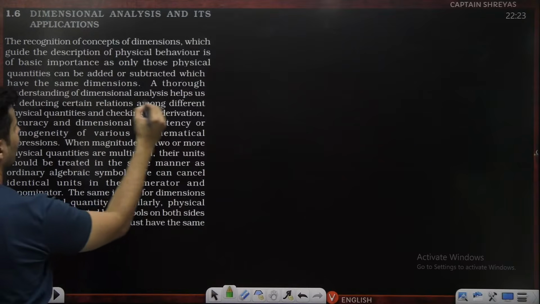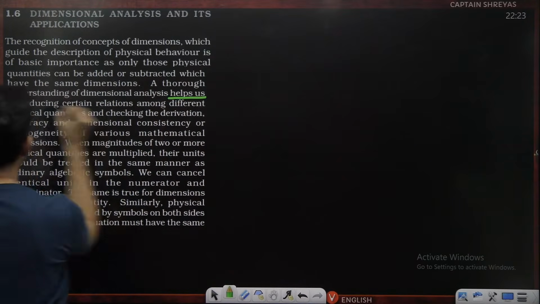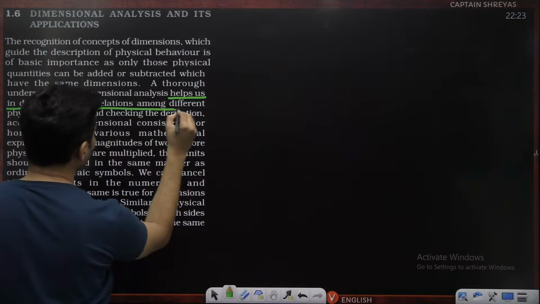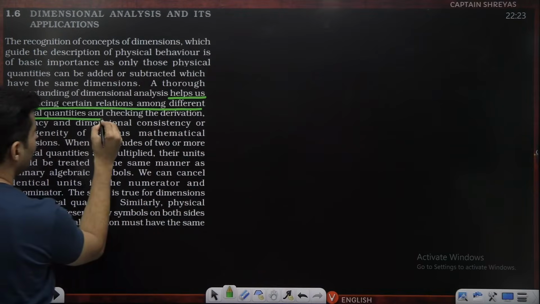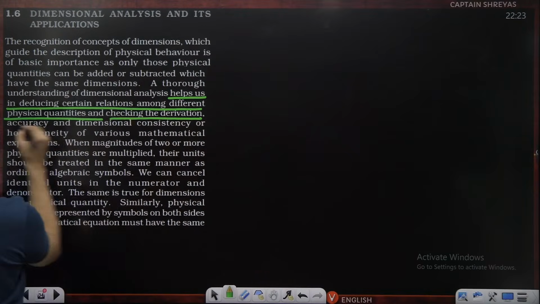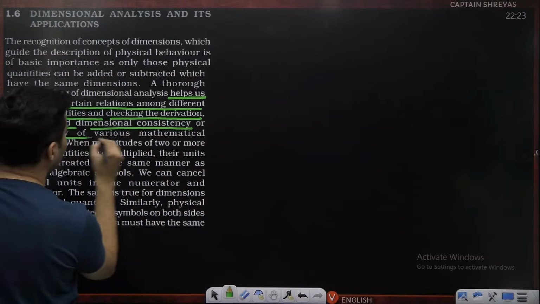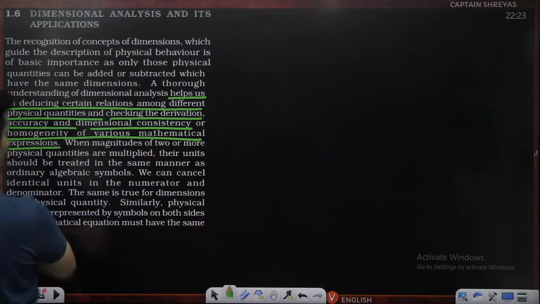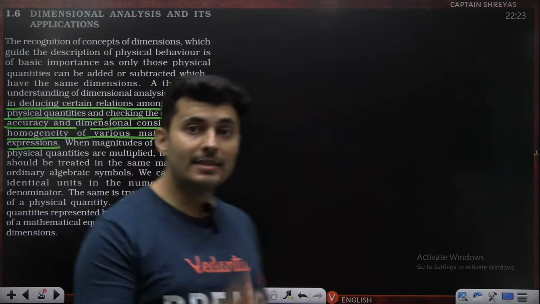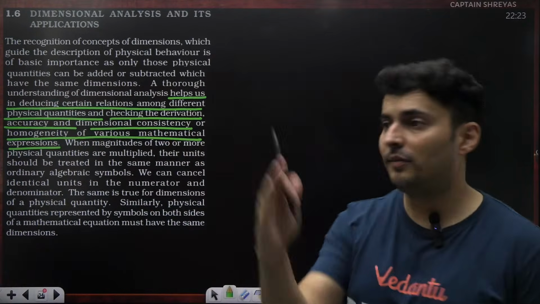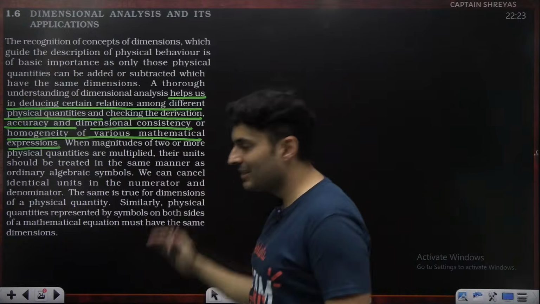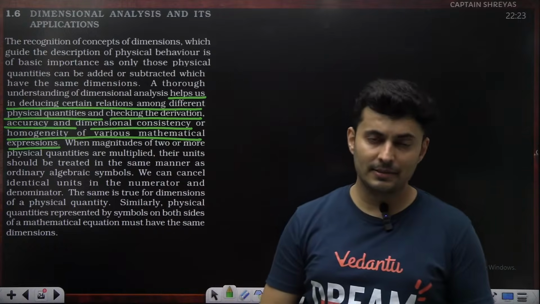A thorough understanding of dimensional analysis helps us in deducing certain relations among different quantities, checking derivation, accuracy, and dimensional consistency or homogeneity of various mathematical expressions. These are the applications of dimensional analysis, which we'll be seeing in the next few slides.